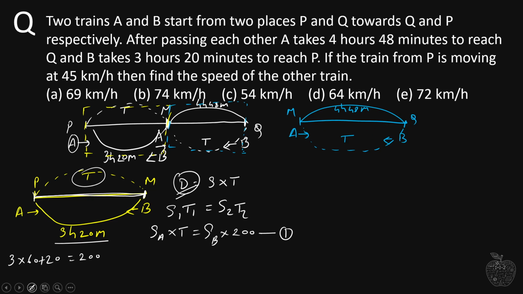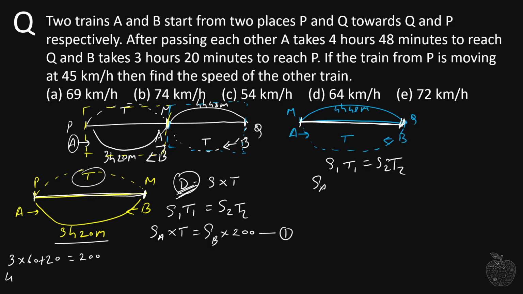Again, the distance here is the same for both the trains. A is traveling the distance of MQ and B is also traveling the distance of MQ. So the distance is constant here, and again S1 T1 is equal to S2 T2. S1 is the speed of A, T1 is the time taken by A, which is 4 hours 48 minutes.